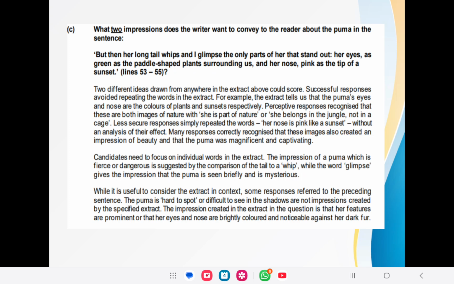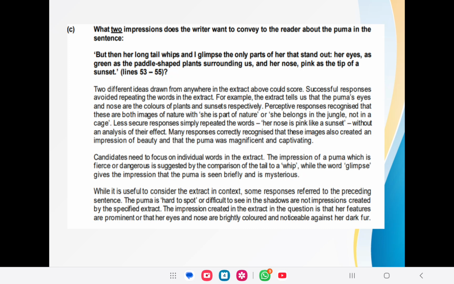Here you have the comparison of the beauty of the animal. So you need to look for words and then explain those words if you know the connotation of these words. What actually whipping of the tail means, what actually glimpse means. So for that, definitely you need to come up with the understanding of the whole text and understanding of these words also.